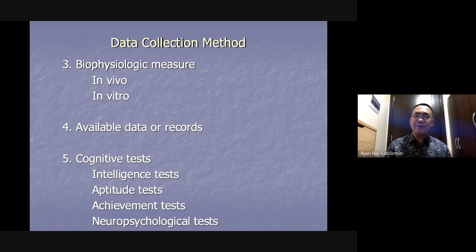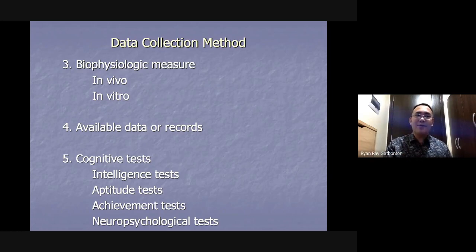There are two forms of biophysiologic measure. One is in vivo, meaning sa loob ng katawan, kinuha yung measurement. Okay? So an example of this will be your thermometer, your body temperature, your pulse rate, your blood pressure, your respiratory rate. Because these are in vivo measures, nasa loob siya ng katawan. Pag sinabing in vitro fertilization, in vitro measurements, these are done outside your body.